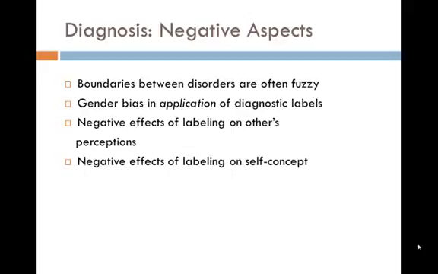And we also know that there are times when there are negative effects of labeling that is associated with one's perception. So if a person is diagnosed as having a certain kind of Axis 1 diagnosis or schizophrenia, it conjures up certain perceptions for an individual.